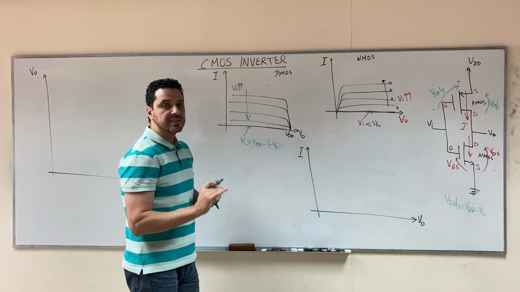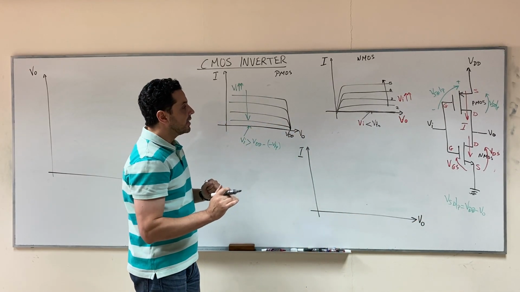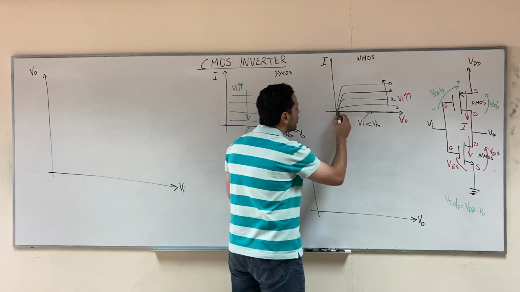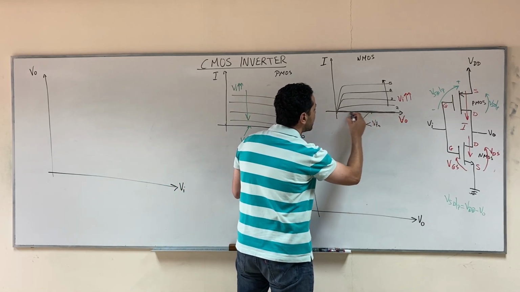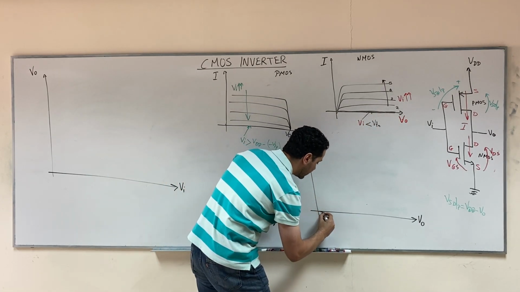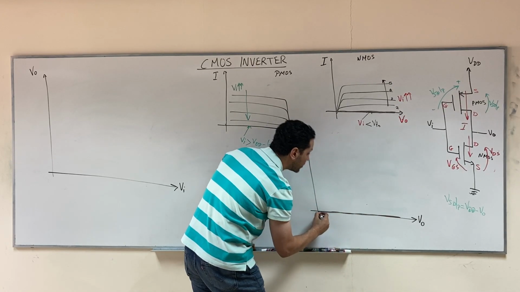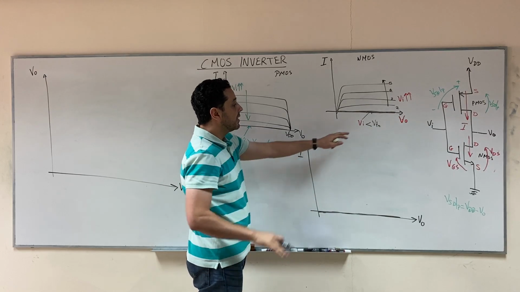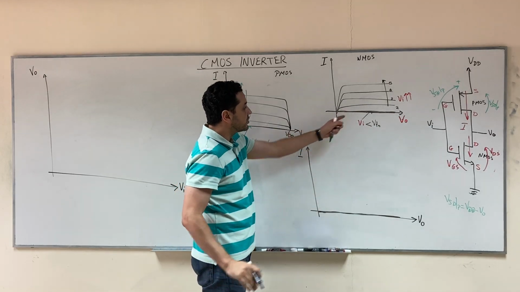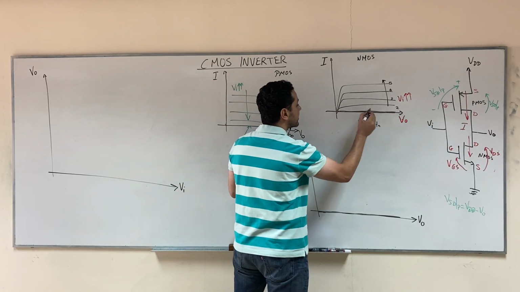When V input is less than V threshold, the NMOS is going to operate on this curve, which is the zero curve, right? So when V input is very small, less than V threshold, the NMOS will be operating on this curve.